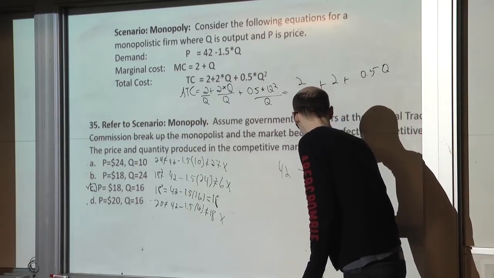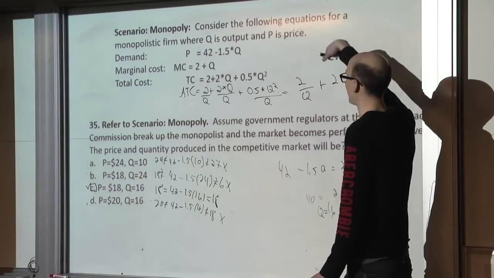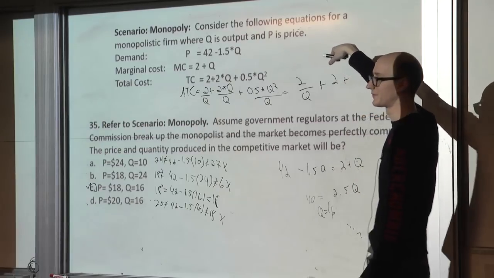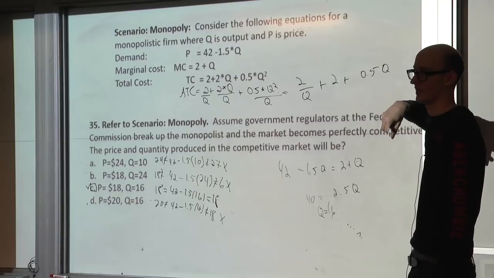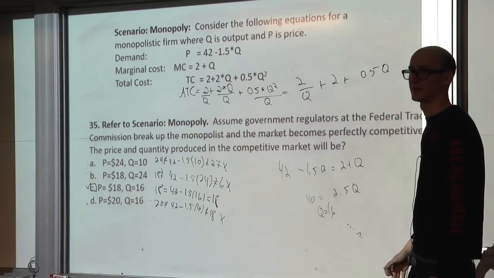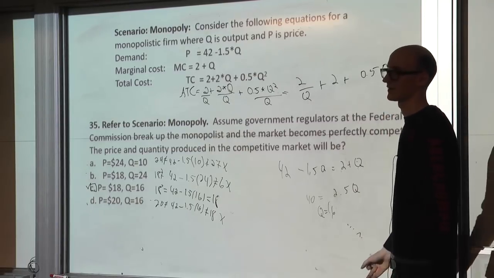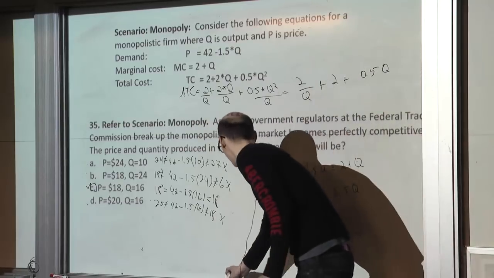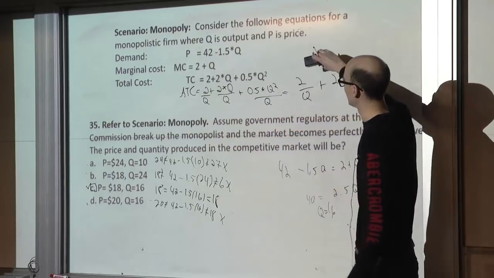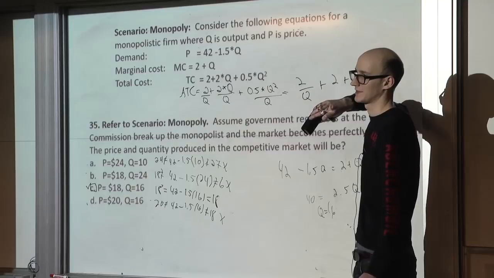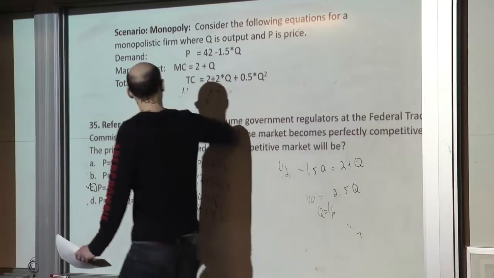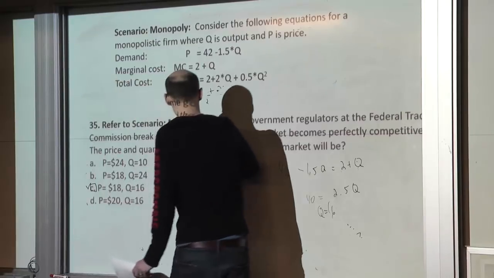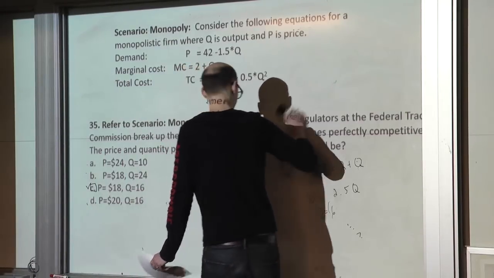Q equals 16. And then you plug that back into the demand curve to get the price, right? So that's the other way to do it. I showed you a longer way to do it. The other way would set marginal cost equal to demand, since all firms are identical here. So the answer is C, right? The answer is C, yes.